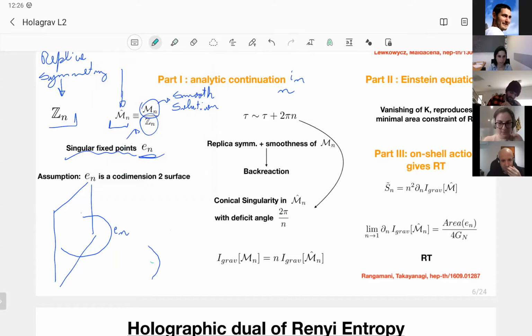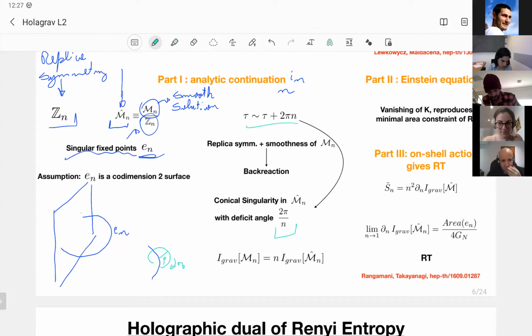Then you can have a coordinate rho that is the radial direction, and a coordinate tau that goes along the thing. And then in this manifold you have a conical deficit, that is tau goes to tau plus 2 pi n. And the deficit angle is 2 pi over n.